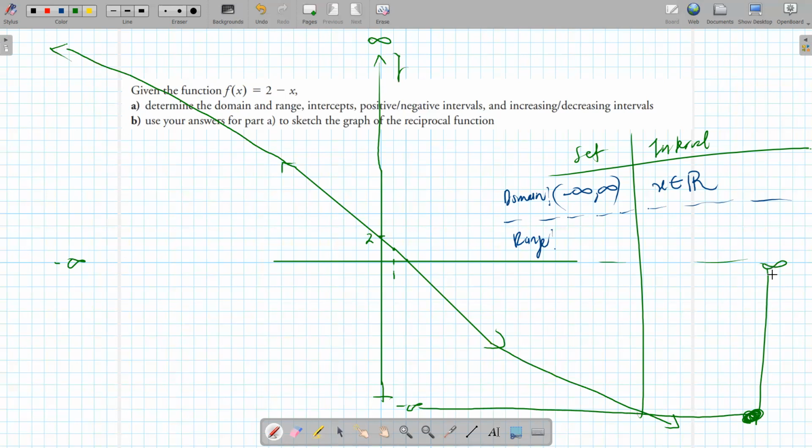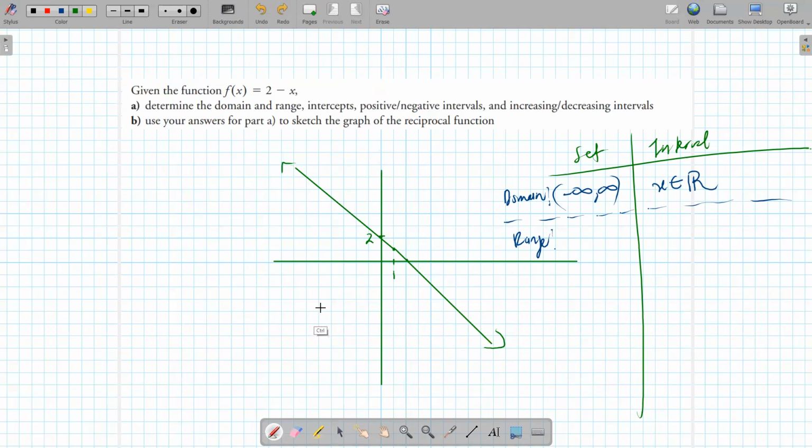It can be anything from -infinity to +infinity on the y, same as the x. A linear function, or any odd degree polynomial like x to the 1 or x to the 3, has no restrictions on its domain or its range. The range is -infinity to +infinity, and in interval notation, y can be any real number.